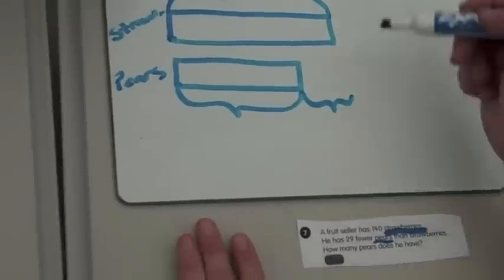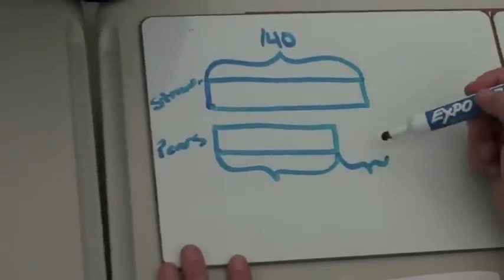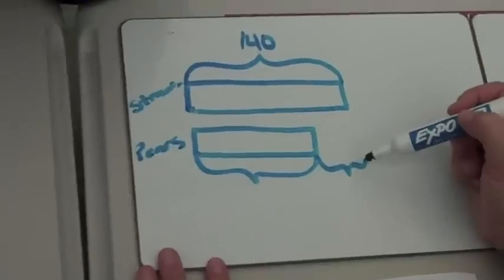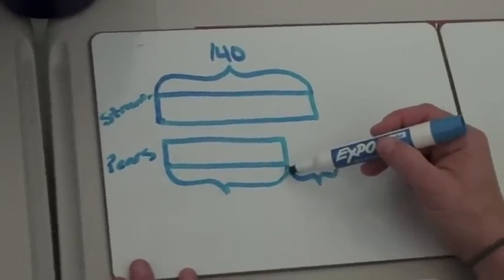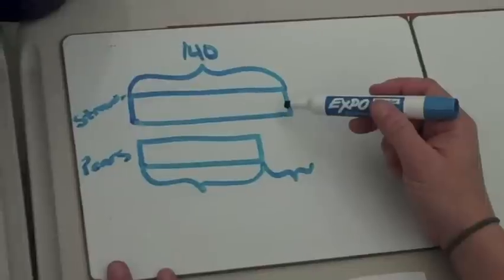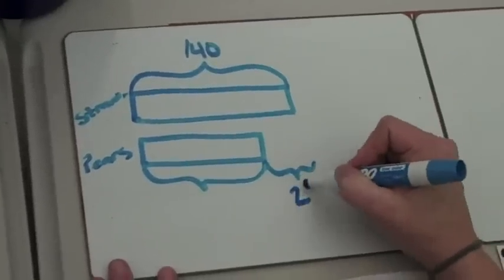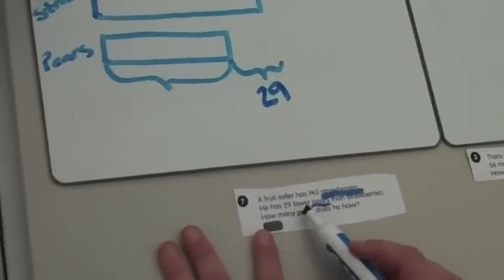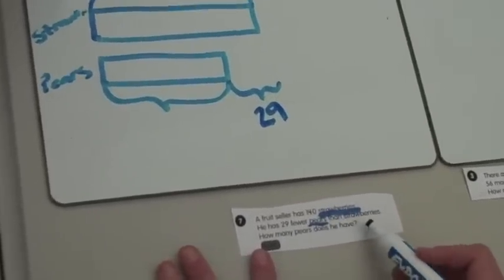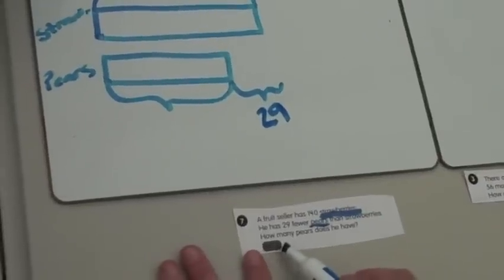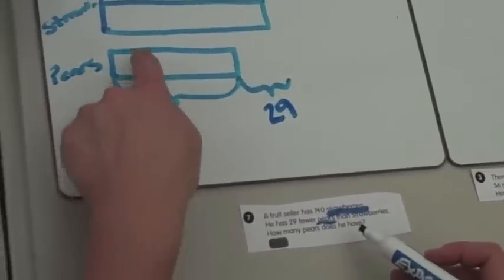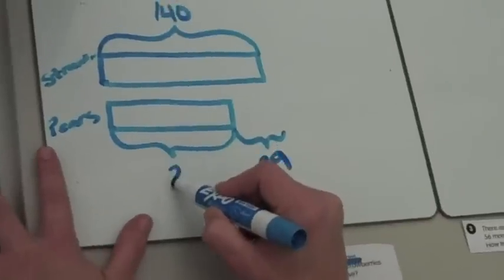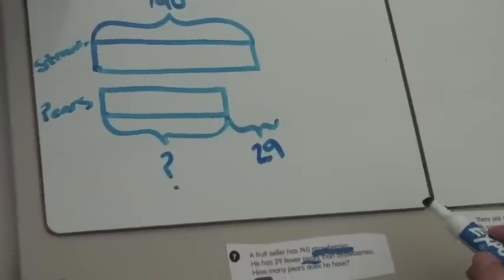So if I'm looking at the two bars, I notice that the pears is shorter. So the difference between how many pears and how many strawberries is 29. Looking back at the word problem, there were 29 fewer pears than strawberries. And then the question is asking, how many pears does he have? So I don't know how many pears there are in this problem.